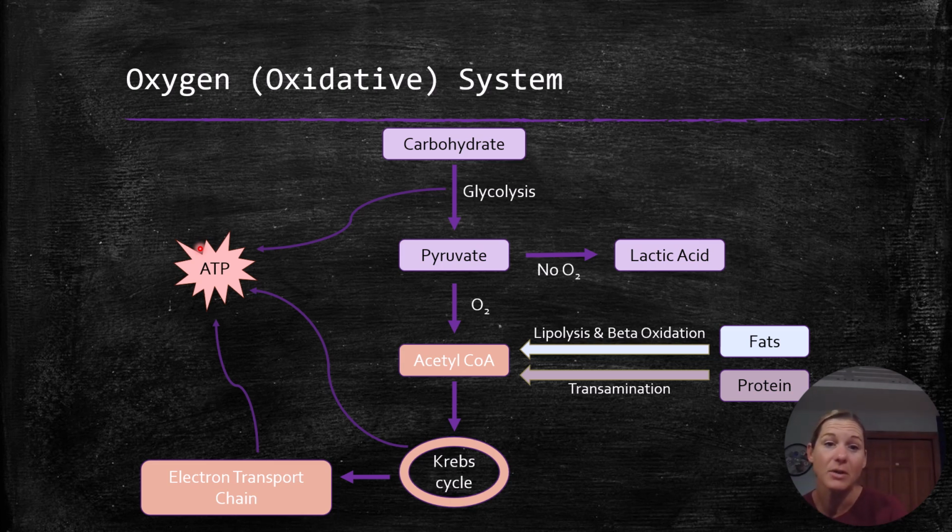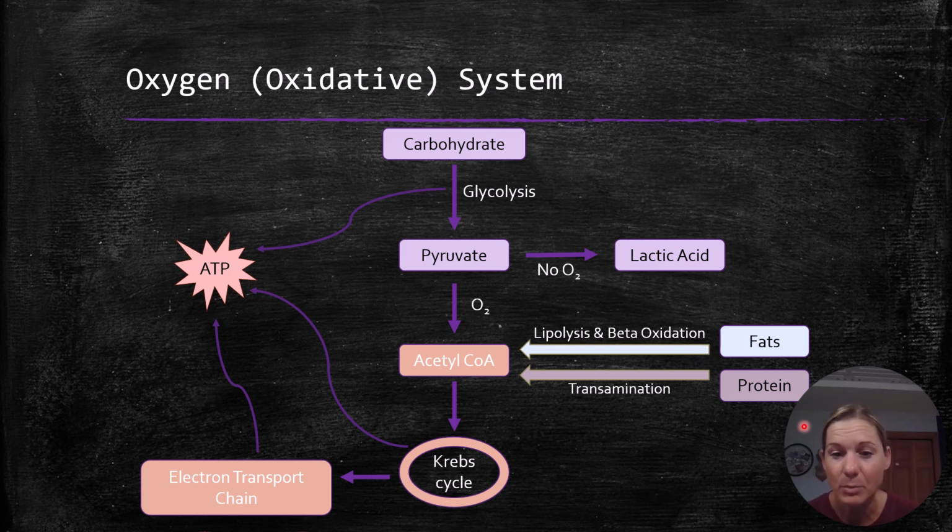Okay. So aerobic glycolysis can be used to describe the process that starts up here where I have carbohydrates that are going to be broken down into pyruvate. Aerobic lipolysis can be described when we use fats. Fats are going to be broken down into something called acetyl-CoA, and that will be fed into this system. That's aerobic in nature.